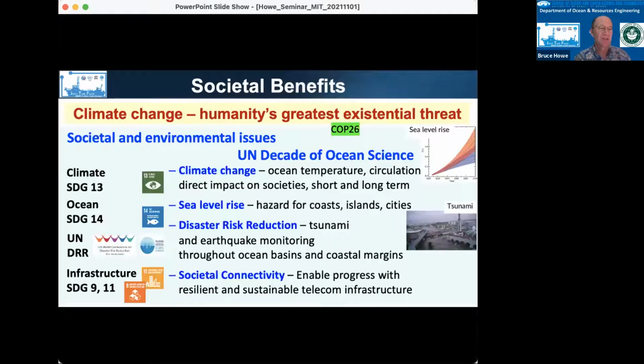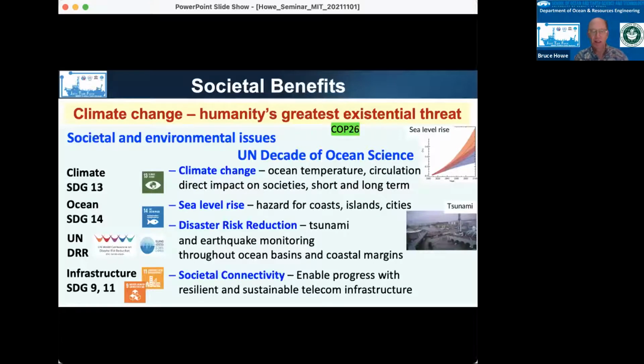So addressing climate change, Sustainable Development Goal 13, by measuring ocean temperature, circulation, and so on over short and long term. Sea level rise, addressing ocean SDG 14, hazards for coasts and islands and cities, and disaster risk reduction, the Sendai agreement, and so on.